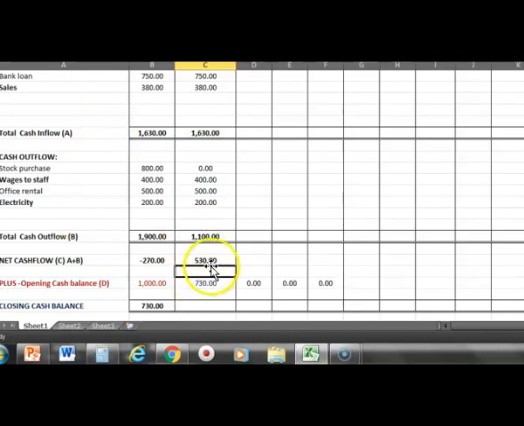So we get 530 there. Then here is going to be the same as that. We're going to find out how much we have left, which is going to be D plus C. So we put the calculation there.